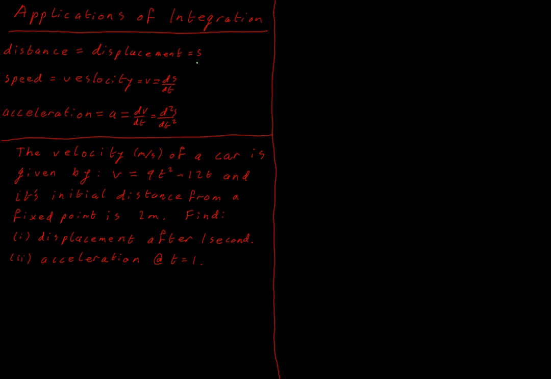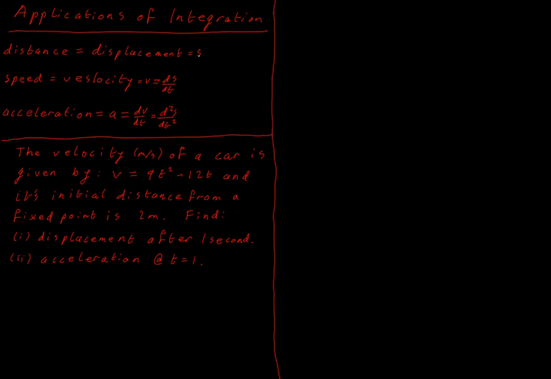So we're going to use that fact now and add to this understanding. Before, we were able to go from displacement to velocity to acceleration, now we're going to get the ability to go from acceleration to velocity to displacement. So move in the other direction, undo that differentiation.